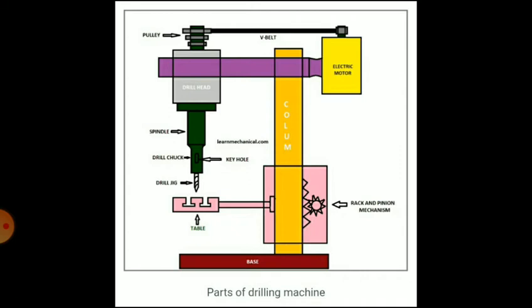In the spindle there is a drill that is fixed inside the spindle. The rotating drill is axially fed in a downward direction against the stationary workpiece. That is the principle used in a drilling machine.